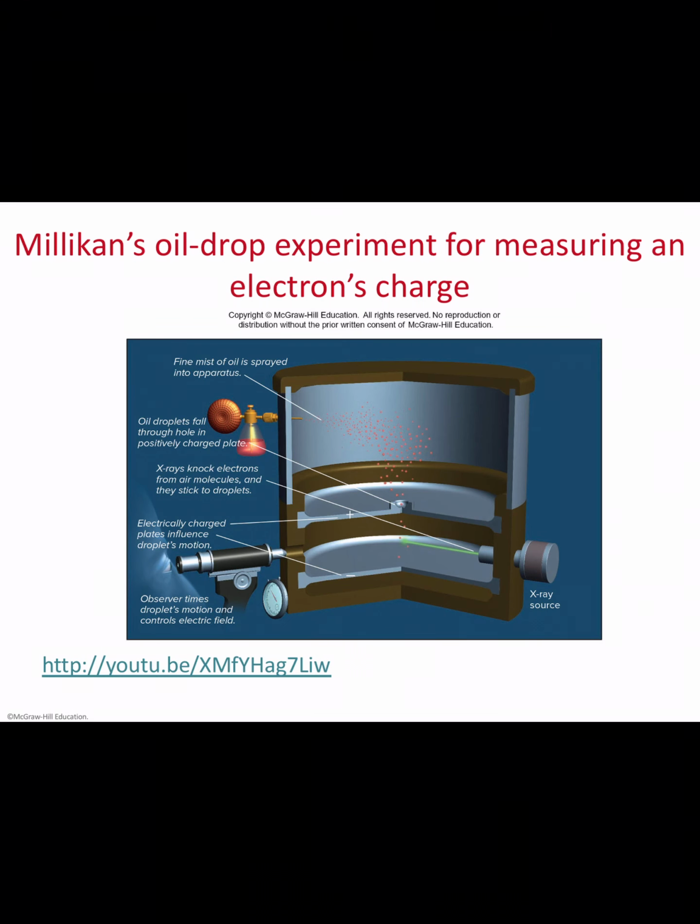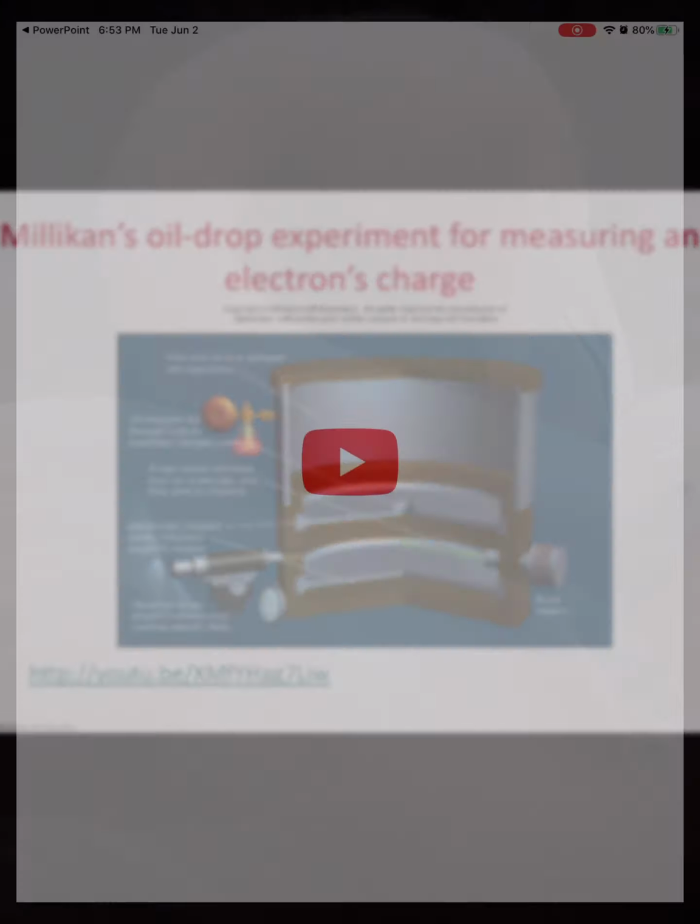Okay, so Millikan's oil drop experiment for measuring an electron's charge. Once the electron was found, later another scientist, Millikan, did an oil drop experiment for measuring the electron's charge. So let's look at this video, how he conducted the experiment.